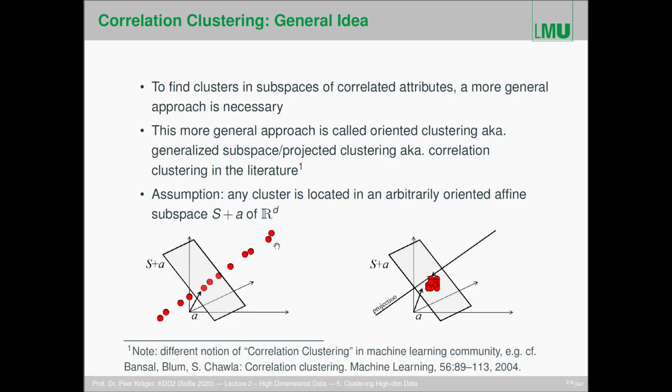If we project all the points onto this subspace, then the points fulfill a specific cluster criterion. That is the basic assumption of correlation clustering: if we project the cluster on the right arbitrarily oriented subspace, which is this S, then those points meet a given cluster criterion. For example, they are dense, or very similar to each other, or compactly packed. So that's the idea.